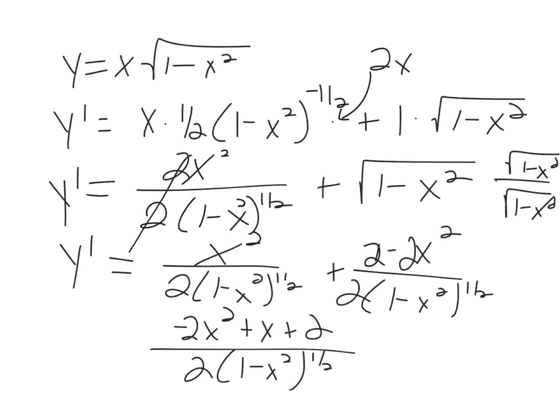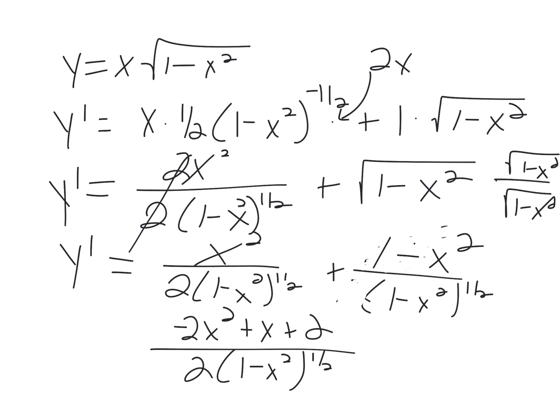I'm going to erase just to make our lives a little easier. Which is going to be 1 minus x squared. And then, of course, we don't have a 2 here anymore. And that's going to make things a little easier.